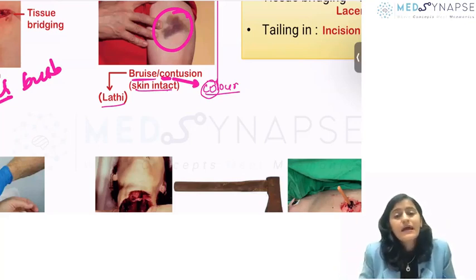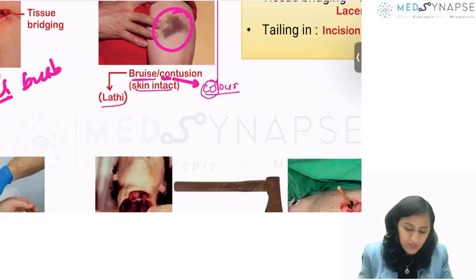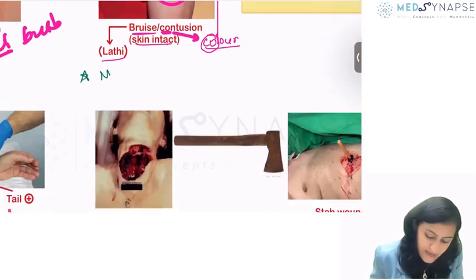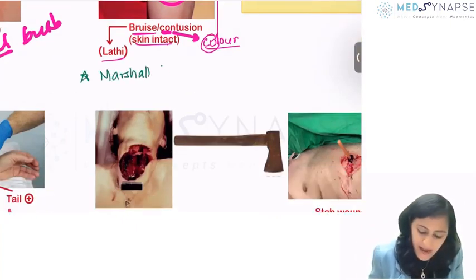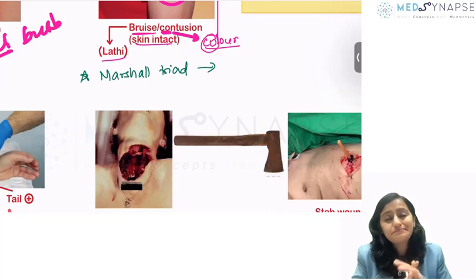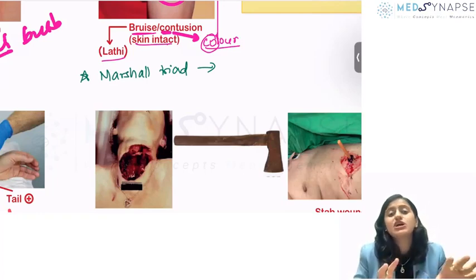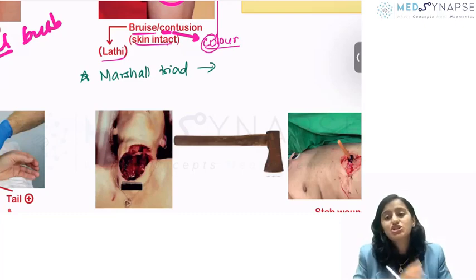So like beating with a lathi, that will give a contusion. Okay? And what do you see? Do you see a bruise in blast injury? What is the Marshall's triad in blast injury? Marshall's triad in blast injuries has what three injuries? Previously asked question. Abrasion, contusion, laceration. What is not there? Fracture is not there.